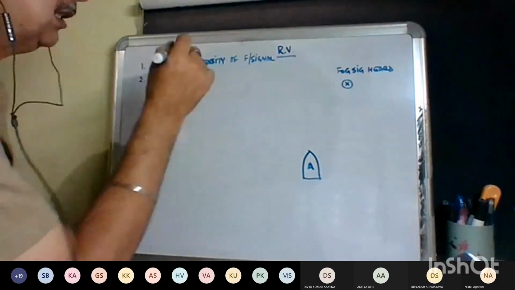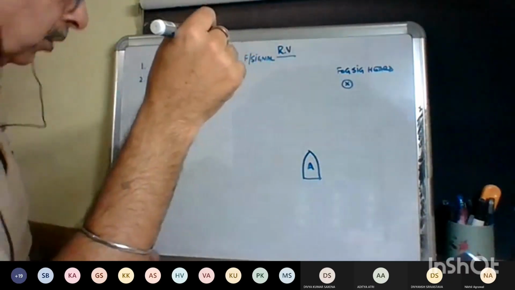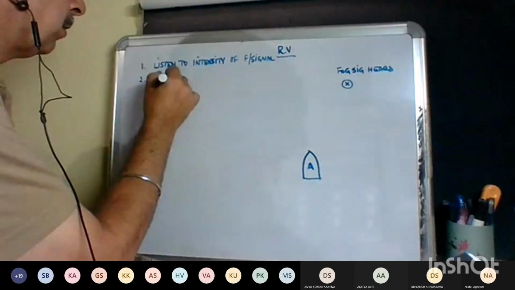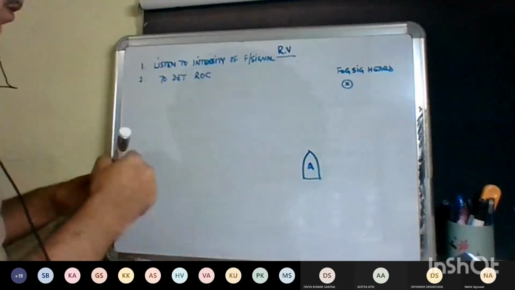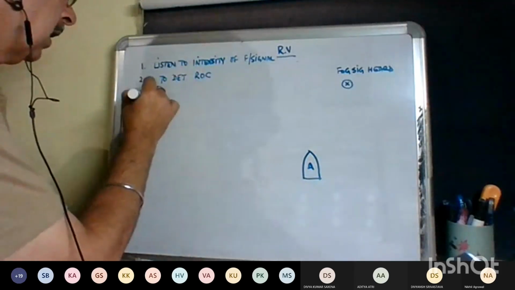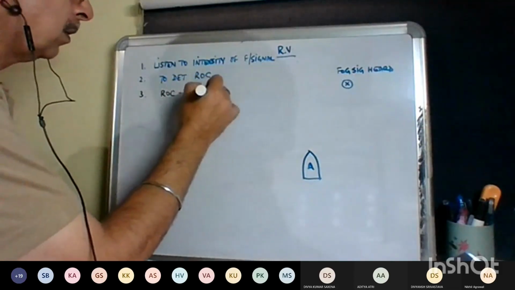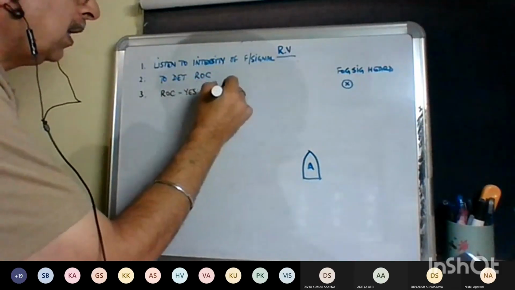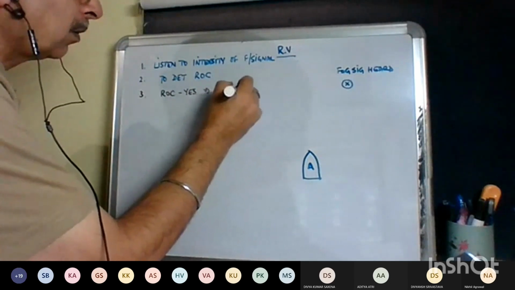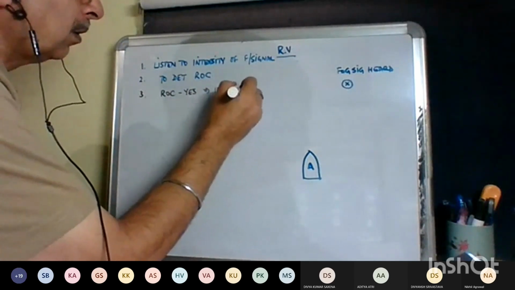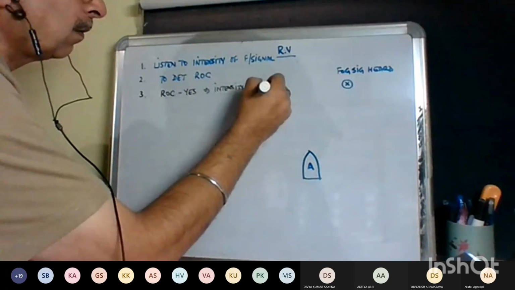By listening to the intensity, the purpose is to determine ROC, risk of collision. Let us say ROC is yes. That means intensity is increasing.